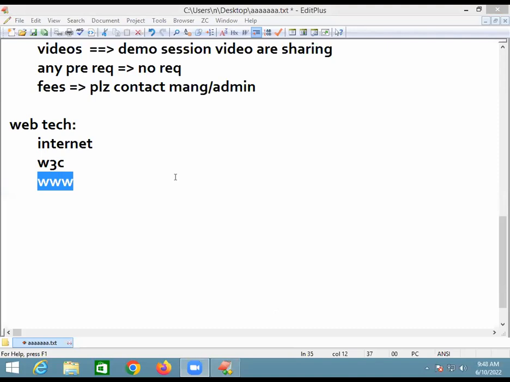Understand the question. Meaning is different, full form is different. TCS full form is Tata Consultancy Services, but the meaning is different. Like the www World Wide Web that you know, I am going to explain the internal things.